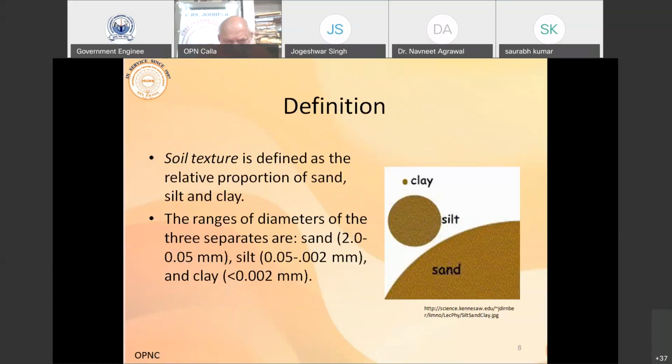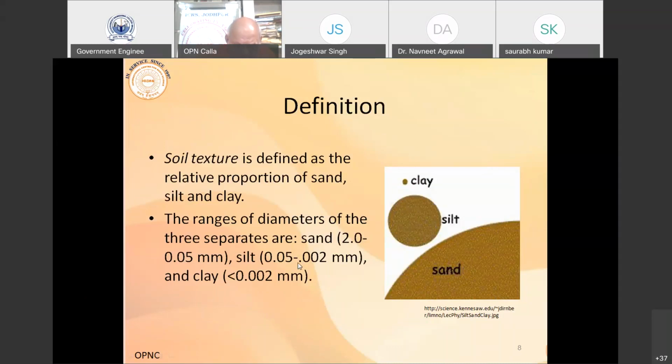Now, soil has 3 parts: clay, silt, and sand. And this all depends upon particle size. The larger particles are sand, the next one is silt, and the very small diameter particles are the clay.